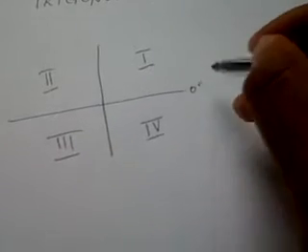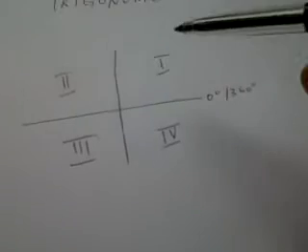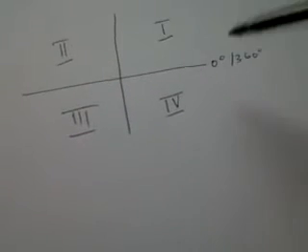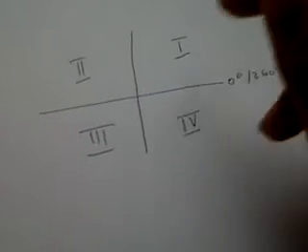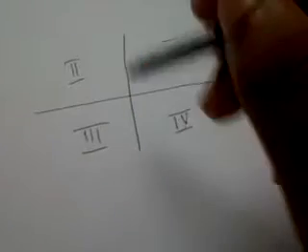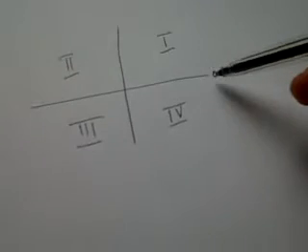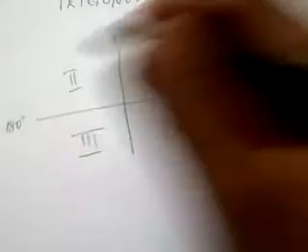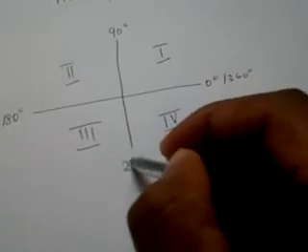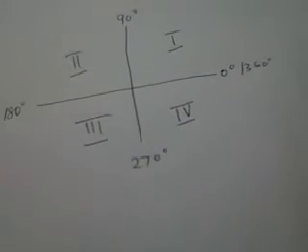This here is 0 degrees or 360 degrees. It is usual that in trigonometry we measure our angles anti-clockwise. So this will be 0, and up here we'll have 90 degrees, we'll have 180 degrees, and here we'll have 270 degrees. So this is the very basic.